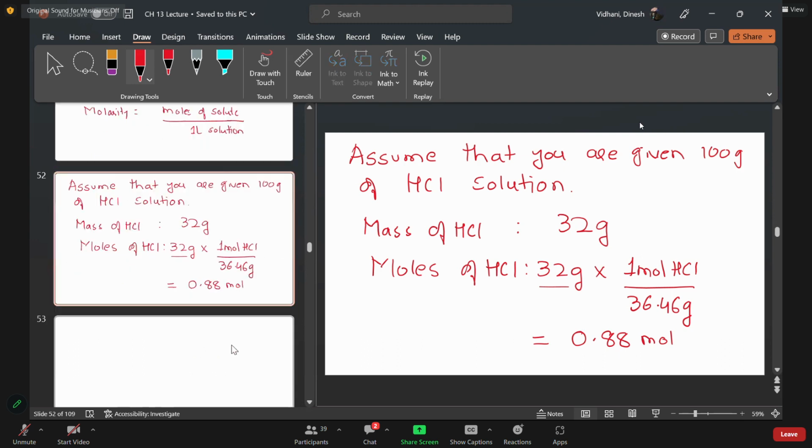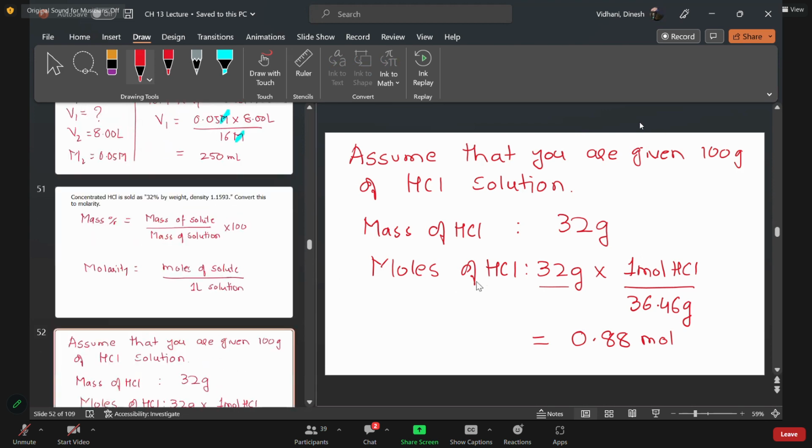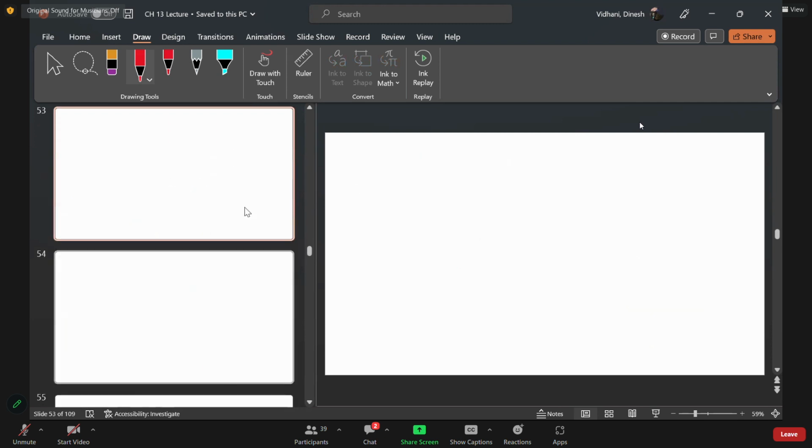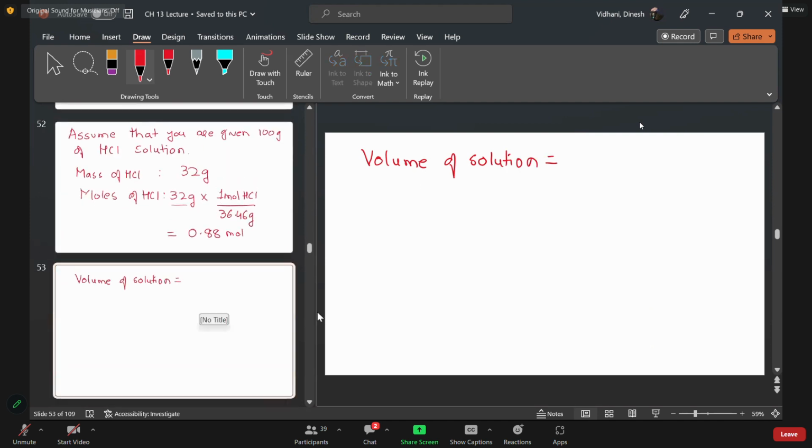Now, the next thing is we need to find our volume, the volume of solution. But instead of volume, we are given 100 grams, right? Because that's where we assumed. So how do I convert the mass into volume? I'll just show you over here. So we are given 100 grams of solution.